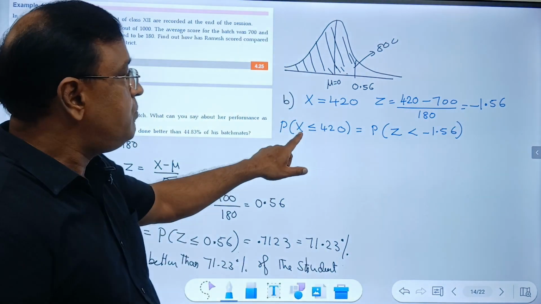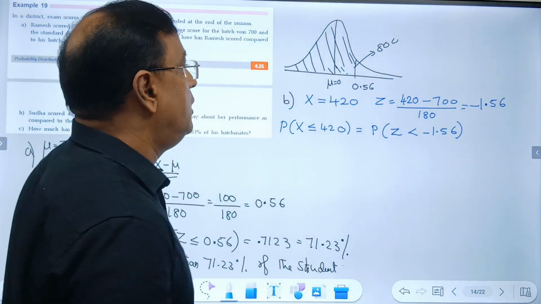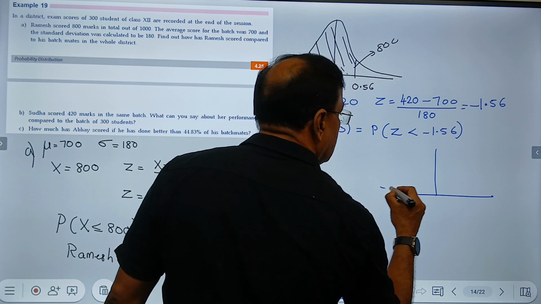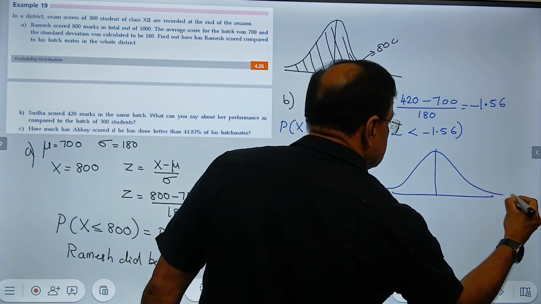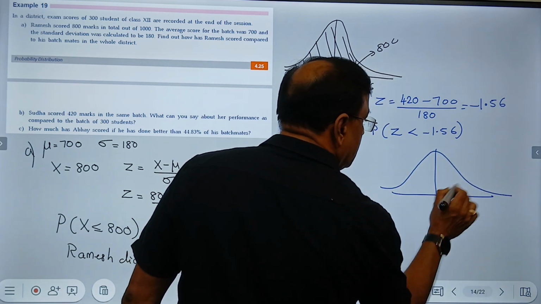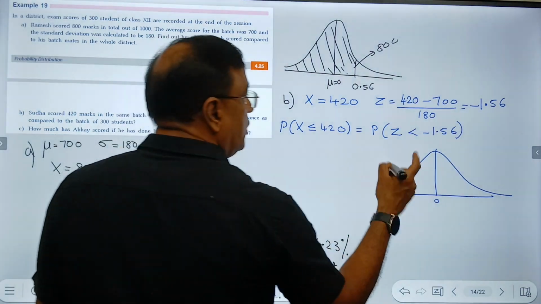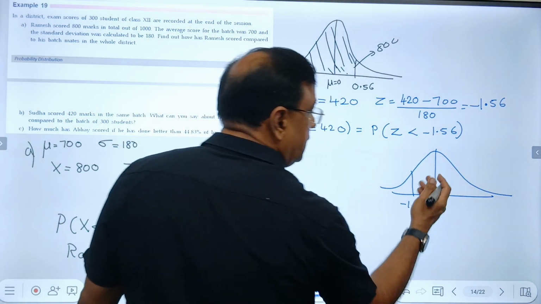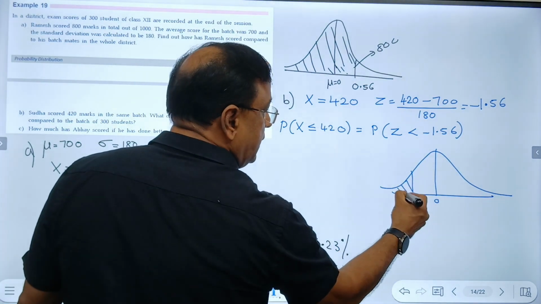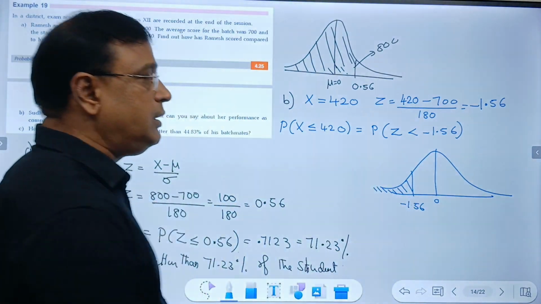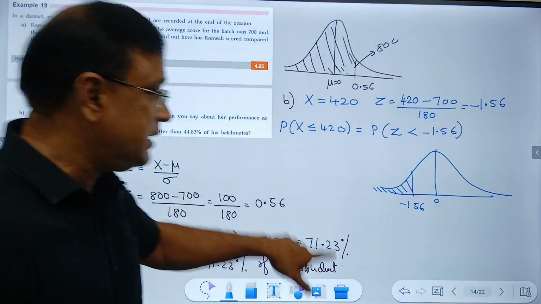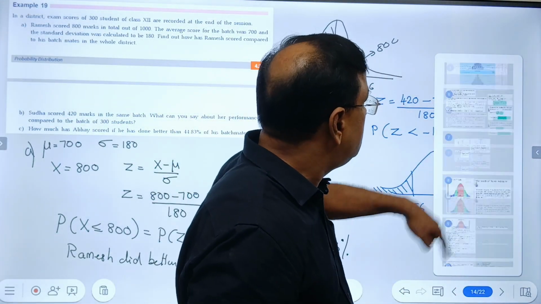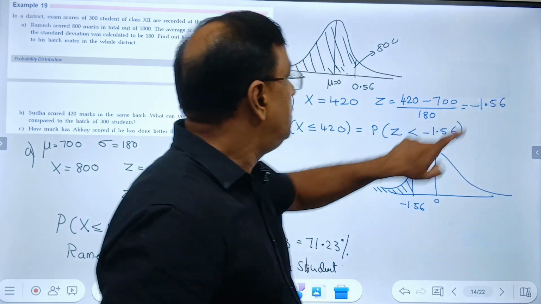So from the data point, I go to the area. Now, if I have to represent this on a diagram, look at this. This is mu. This is 0, right? So minus 1.56 will be somewhere here. This is the area I need to find. So definitely the answer will be less than 0.5. We'll check that. If I go to the table, look at this table.